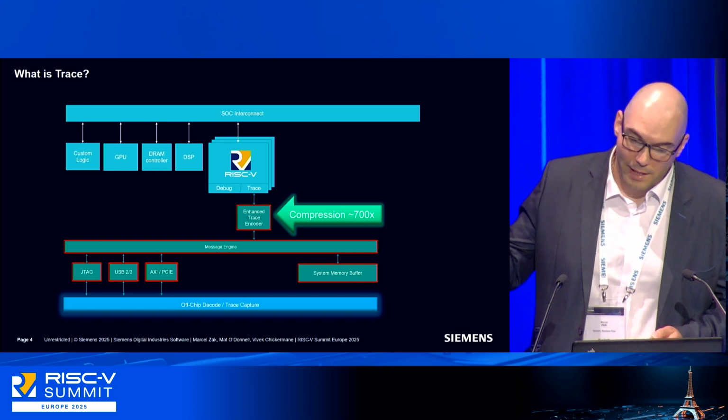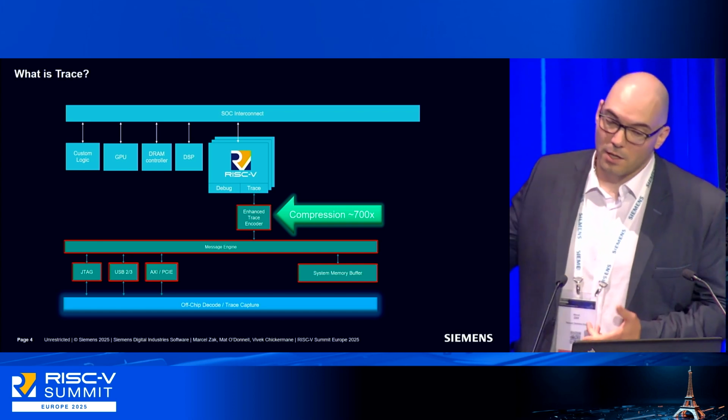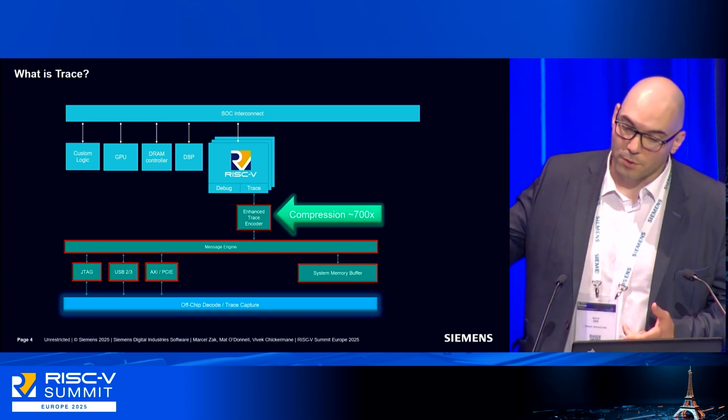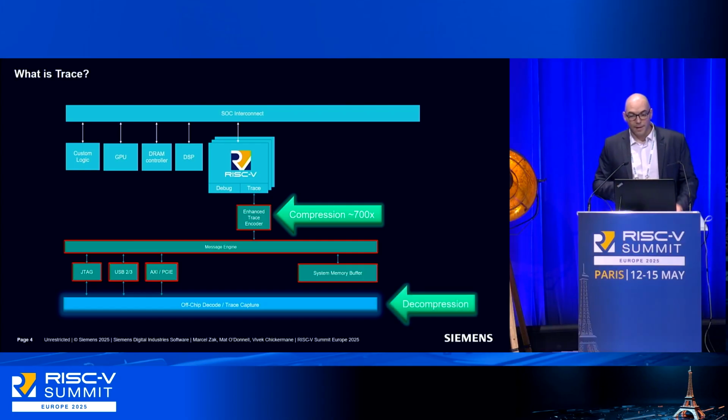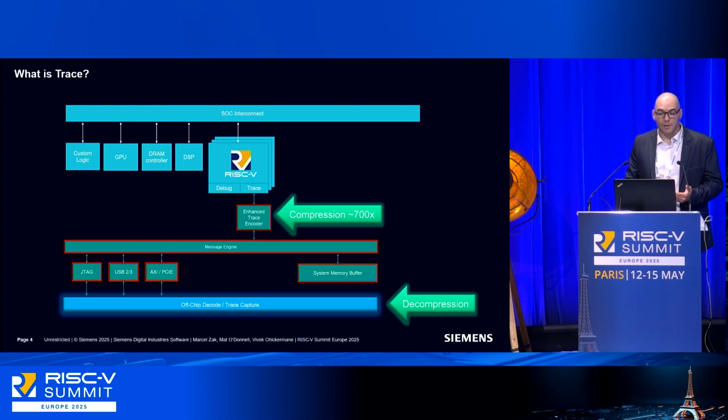As shown in our diagram, this compressed data travels from the encoder through the buffer and off the chip. Then our software decoder takes over, decompressing this information to reconstruct the complete execution flow, giving us the full picture of what happened in the processor.